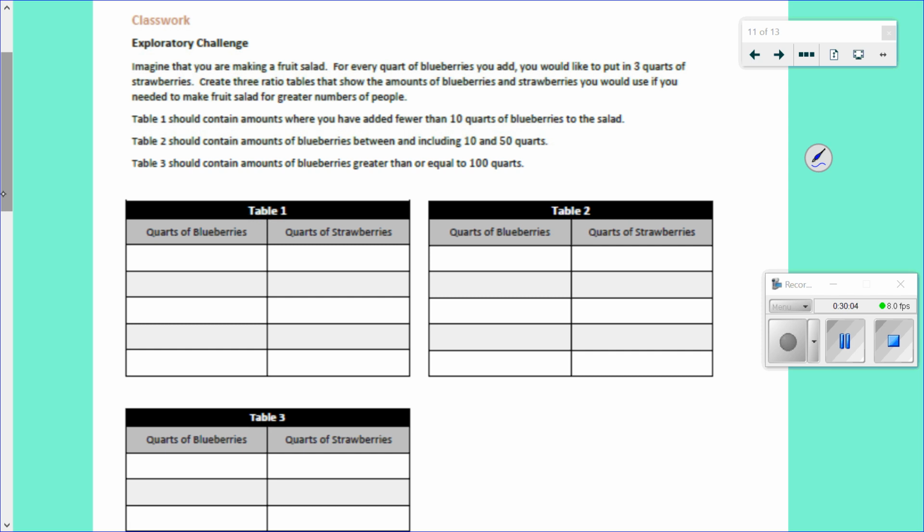Okay, imagine you're making a fruit salad. Every quart of blueberries you add, you would put in 3 quarts of strawberries. You're really getting tongue-tied today. I am. Create 3 ratio tables that show the amounts of blueberries and strawberries you would use if you need to make fruit salad for greater numbers of people.